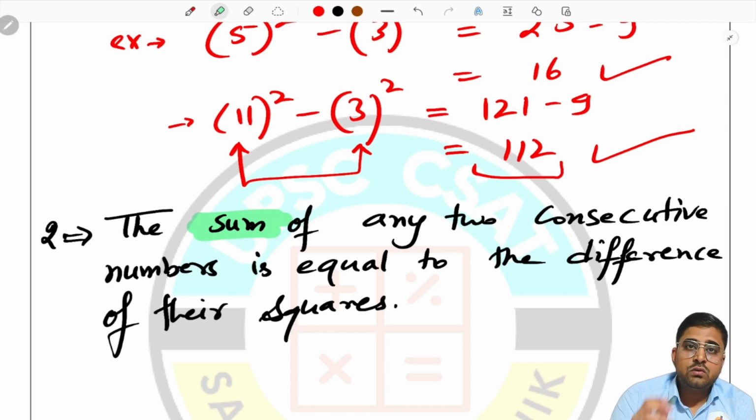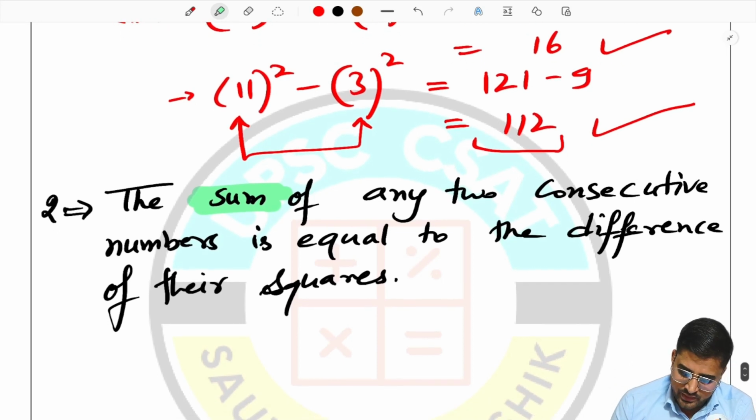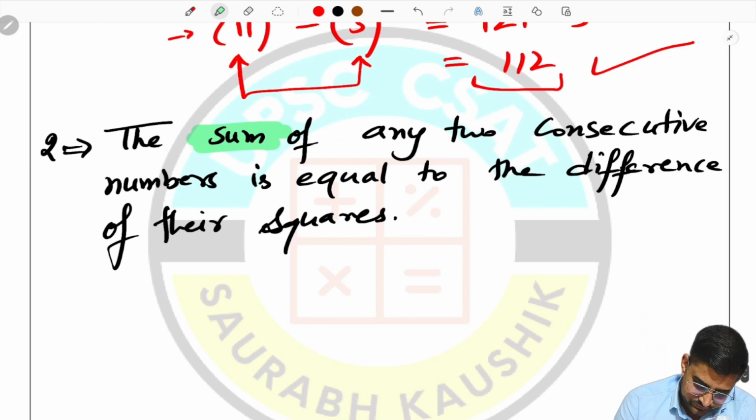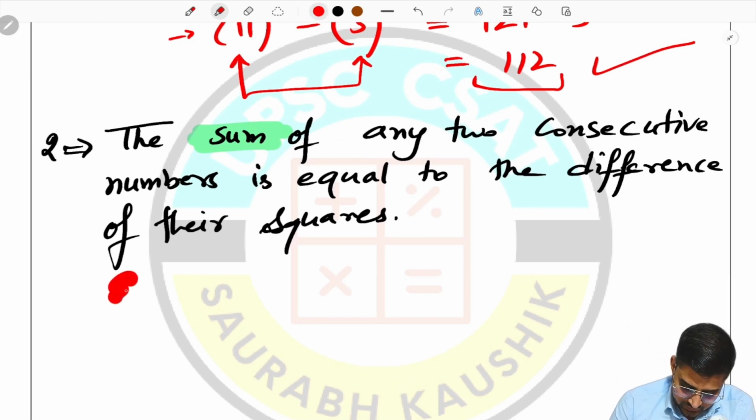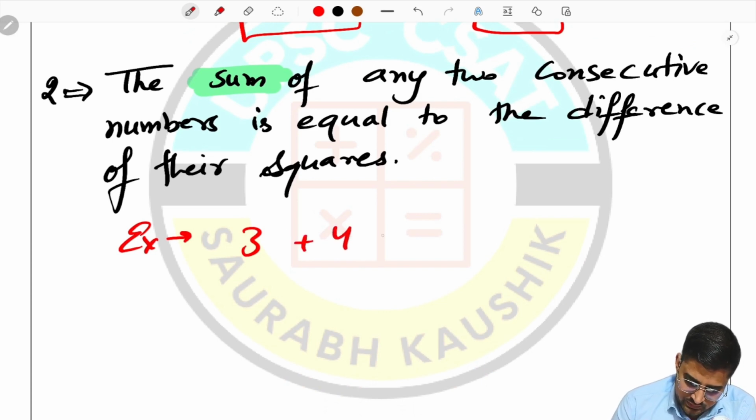The sum of any two consecutive, back to back, numbers is equal to the difference of their squares. Let us see. Example. Let's say the first number is 4 and the second is 3. So the total is 7.